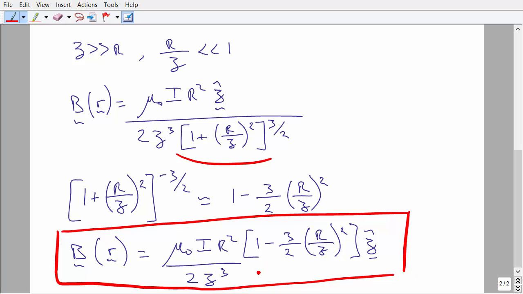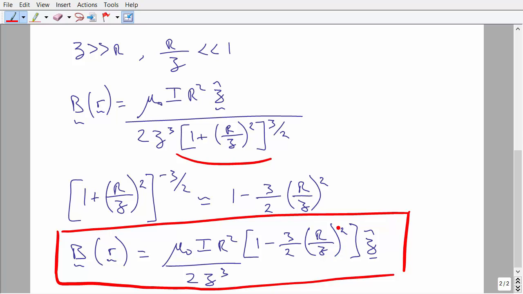Okay, so there is our new expression for the magnetic field in the large z limit, large z meaning z very large compared to r, and we not only have the zeroth order term that we discussed earlier, but we also have the lowest order correction. It's actually second order in our small parameter, and that's a rather interesting result.